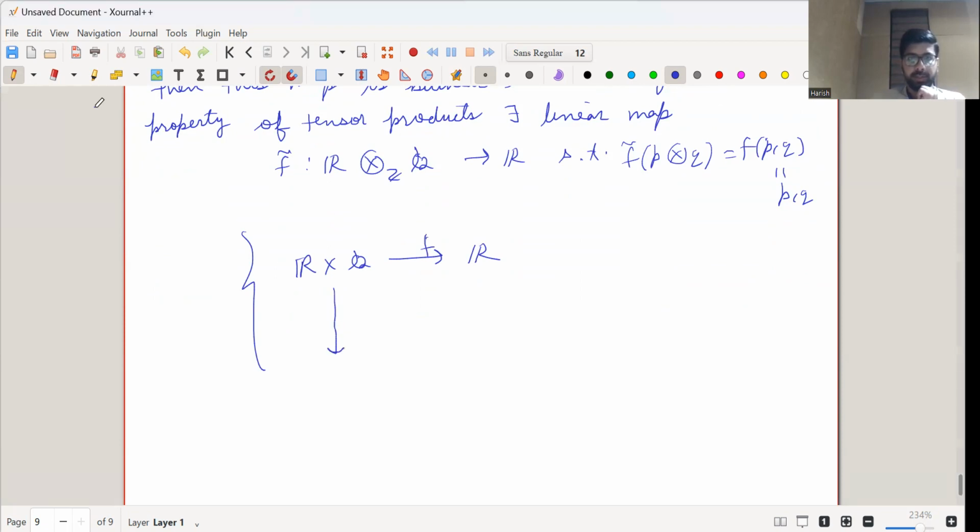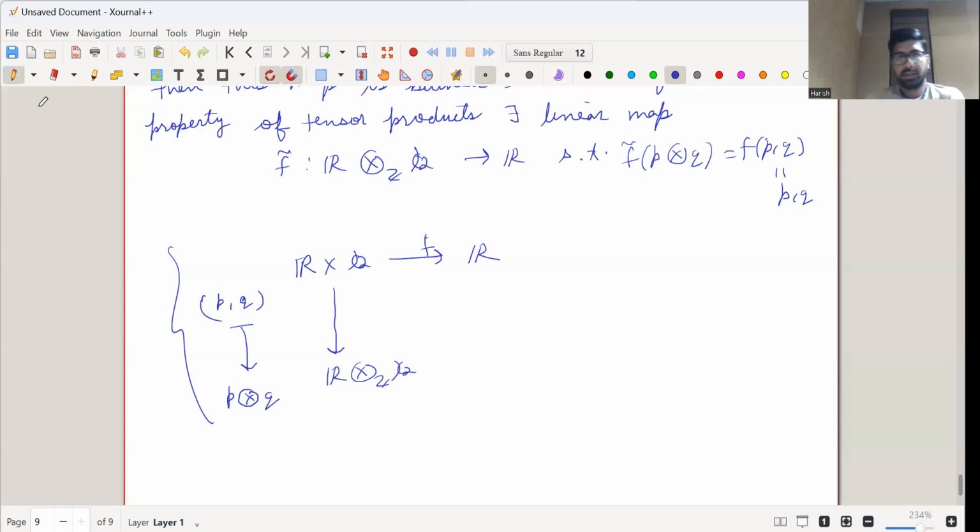You already have a map from R cross Q to R tensor Q. It maps every tuple p comma q to the tensor p tensor q, and then from here to here you induce this map f delta, which is linear, and that sends p tensor q to f of pq, which is just pq.